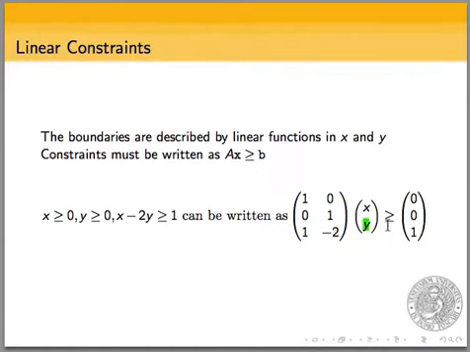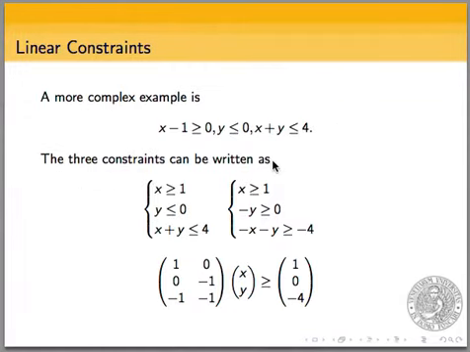And as you see, you have an inequality bigger or equal than the right-hand side terms, which are 0, 0, 1, and that's exactly what you see in this vector here, where I am clicking right now. So basically, it is always possible to translate the standard constraints into a matrix form like this one, which is exactly what you need because you have to find the A and the B.